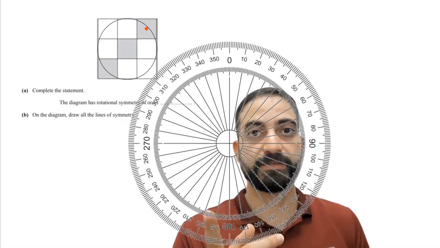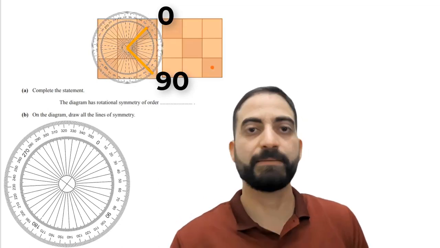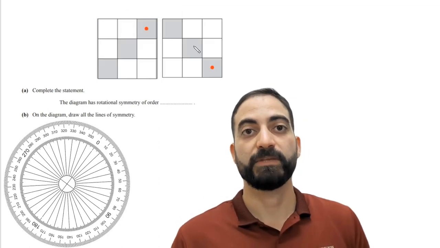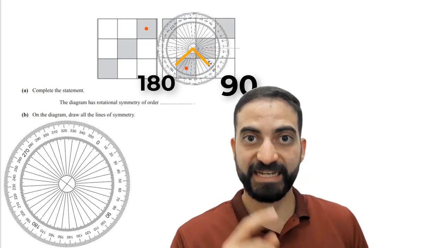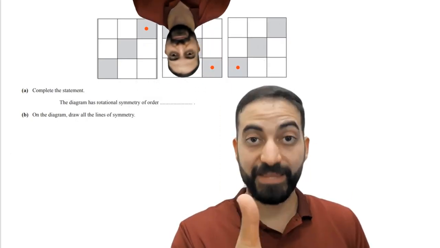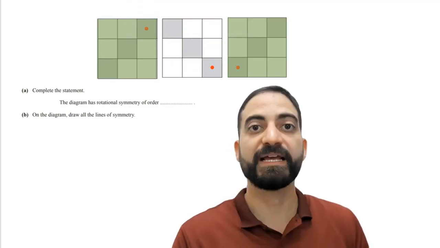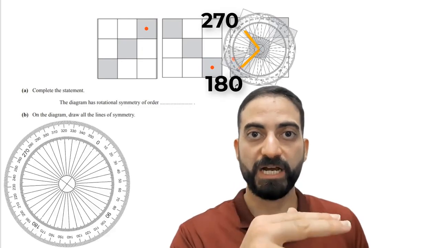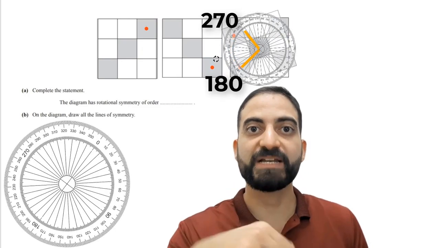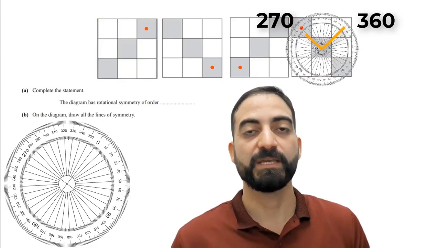When we rotate it from 0 to 90 degrees, we do not get the same basic shape. And when we rotate it from 90 to 180 degrees, we get the same basic shape, so we put 1 on our hand. And when we rotate it from 180 to 270 degrees, we do not get the same basic shape.